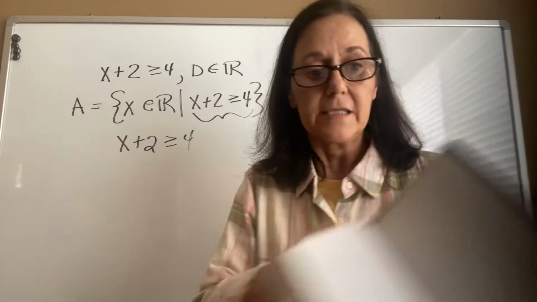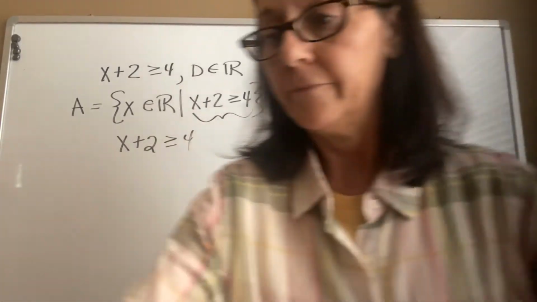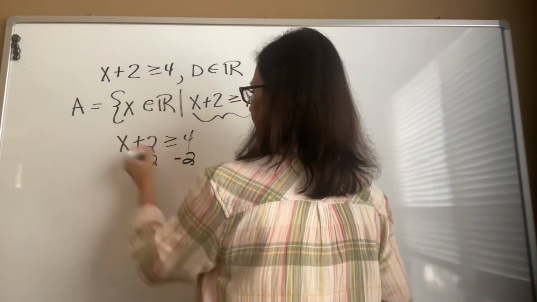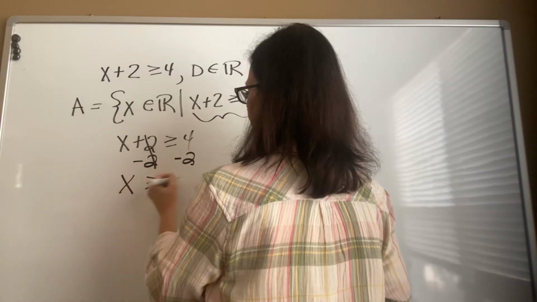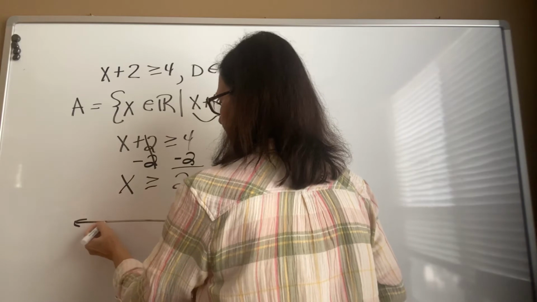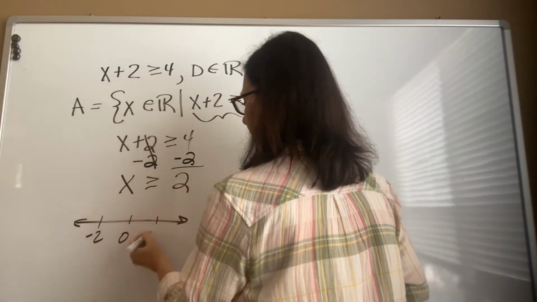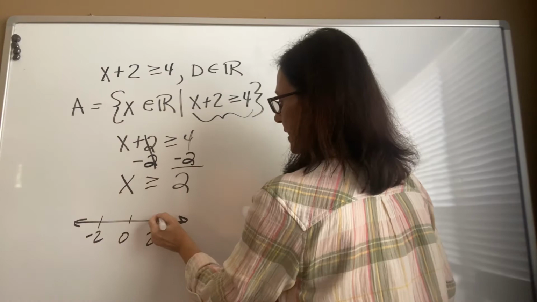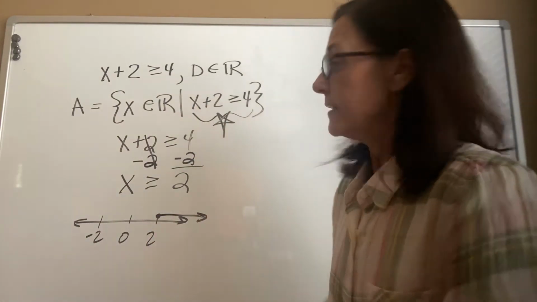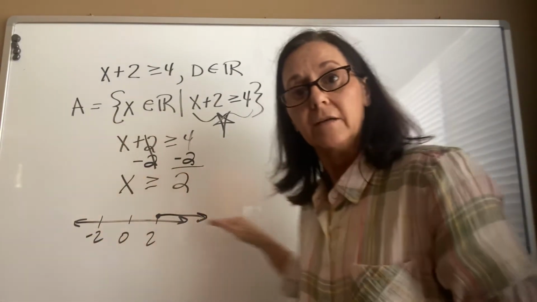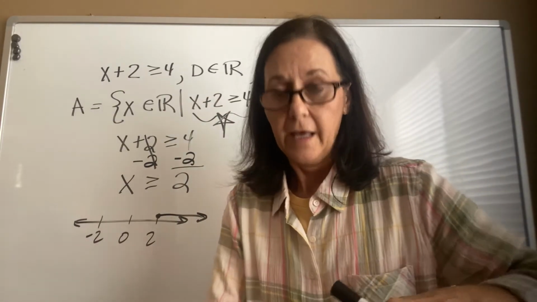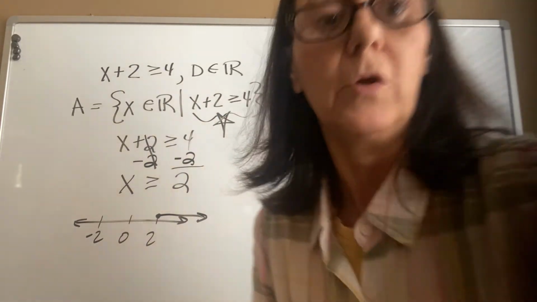Remember, we simply subtract 2 from both sides, and we have x greater than or equal to 2. And when we graph that, if that's negative 2, 0, 2, it's here, going out. So this is the piece that you're going to be graphing. This is if it's one-dimensional, right? A number line is one-dimensional. If it is two-dimensional, then your set builder notation will look different.